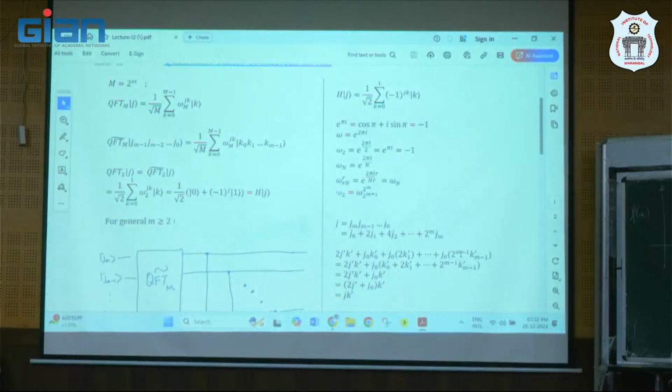Now, omega r to the Rn, what is that? E to the 2 pi I r over nr, correct? By definition. R cancels, you get omega n. Keep in mind, you can always cancel the superscript and subscript if it is multiplying in the subscript, correct? Omega 2 will be a similar formula, omega 2 to the m over 2 to the m plus 1, because you can divide, correct?